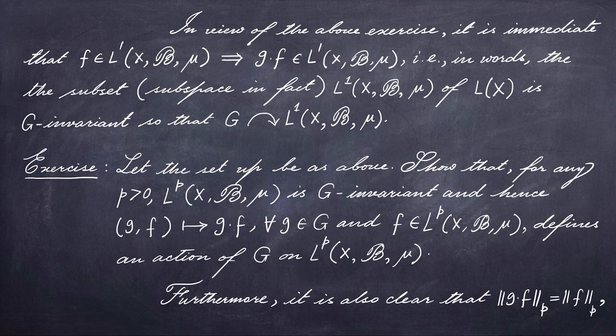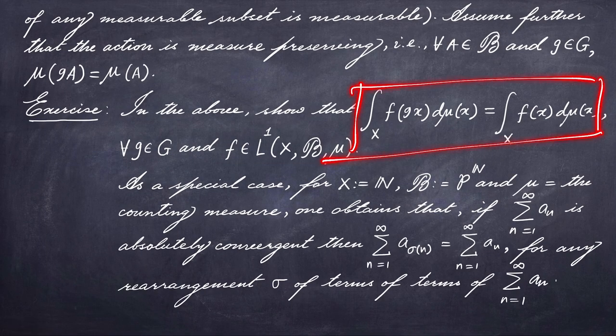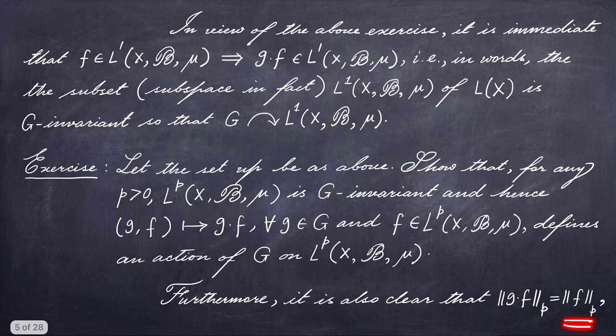Furthermore, the main point is this: in the action of G on LP, for any small g in capital G, gf and f have the same norm.